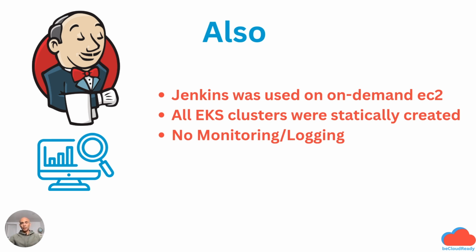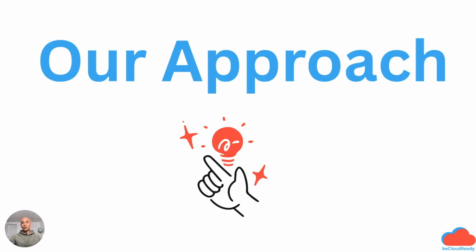These small things may be on the margin, but they pay long-term dividends. Last but not least, Jenkins was running on an on-demand EC2, all EKS clusters were statically created, and there was no monitoring and logging.